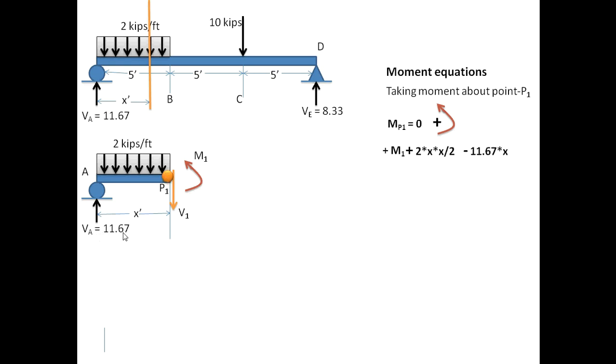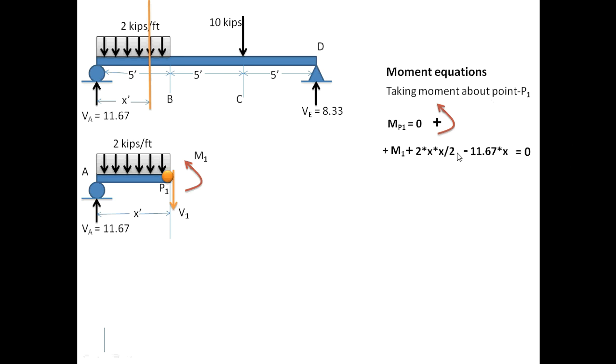And 11.67 into x is the moment value. This 11.67 creates a clockwise moment about point P1, so it is taken as negative.